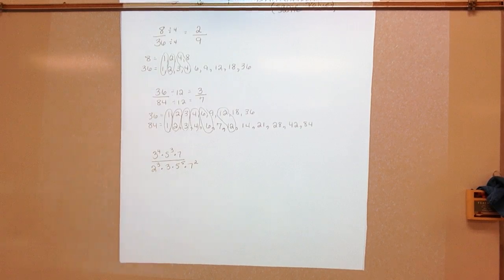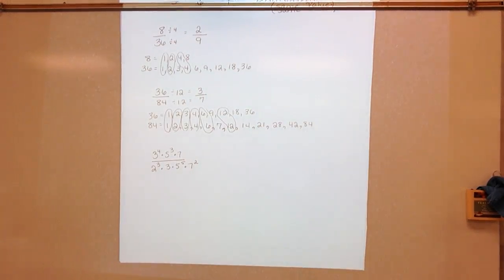Alright, so by doing this, what I can do is I've got to factor out that GCF. And if you remember, let me see if I can find my notes here.